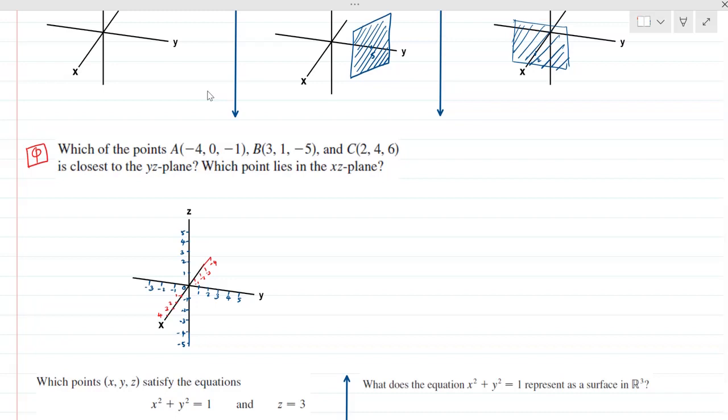So the point will be here. This point is A. So A is minus 4 comma 0 comma minus 1.